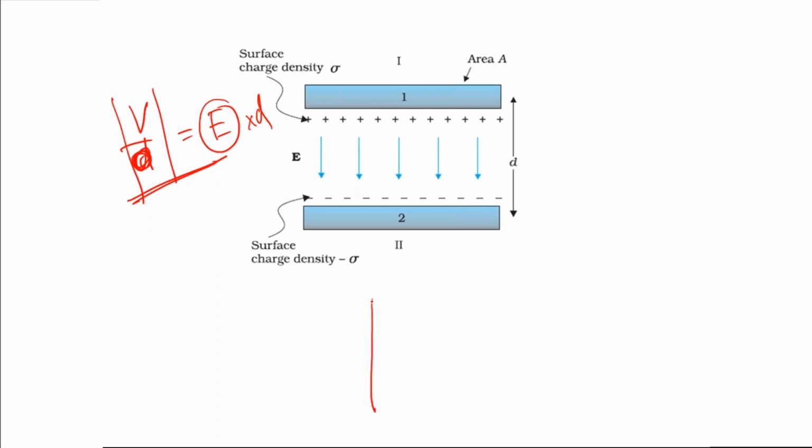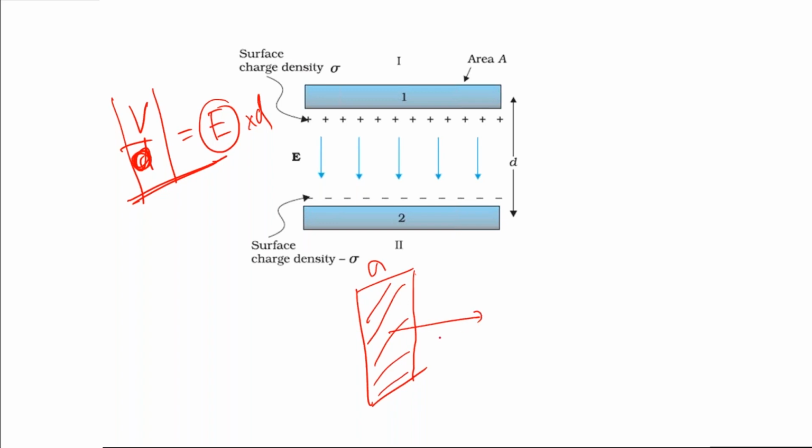Now the question is how to find out this electric field in between them. I will remind you that we learned in the first chapter, for an infinite plane, we got the electric field at any point.